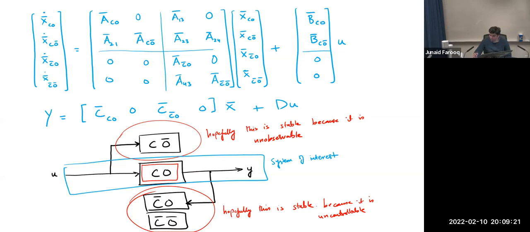So in other words, when I say the other pieces are stable, it means that their eigenvalues are within the left half plane, or they are within the unit circle. So just writing one statement and we are done with our lecture.